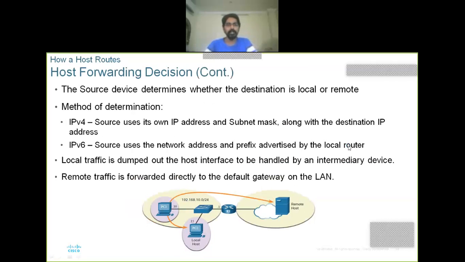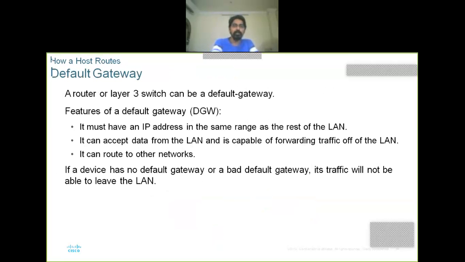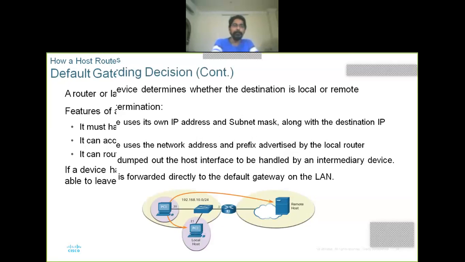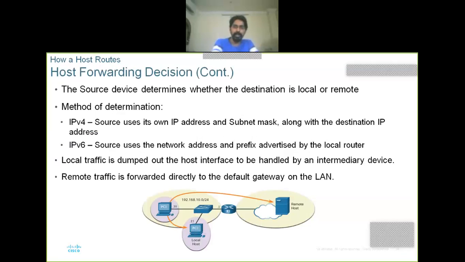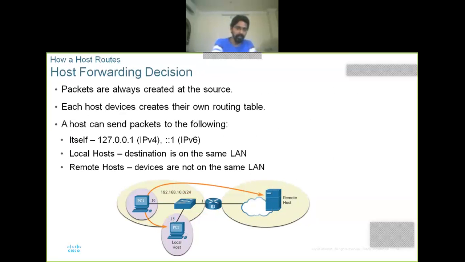Next, the host forwarding decision. How does it take place? For forwarding decisions, we have two protocols: IPv4 and IPv6. I'll move to the next one. Observe this diagram. This diagram is similar to the previous diagram.